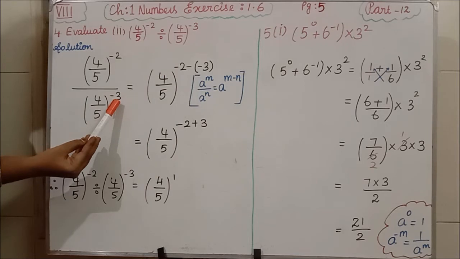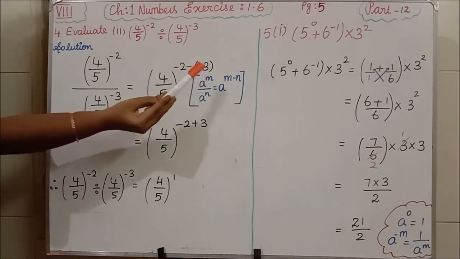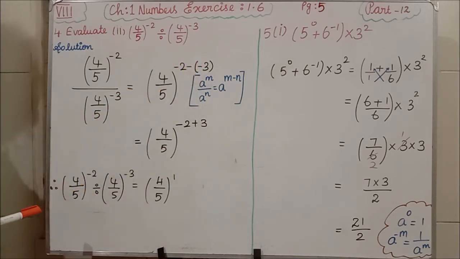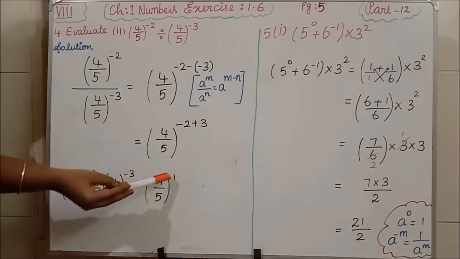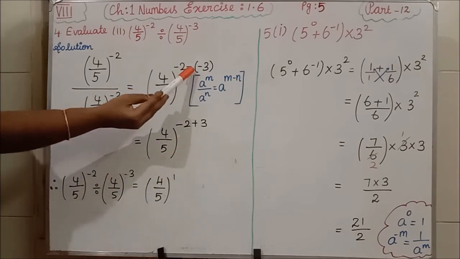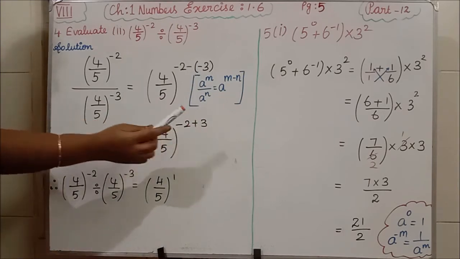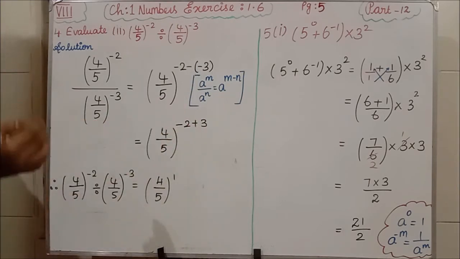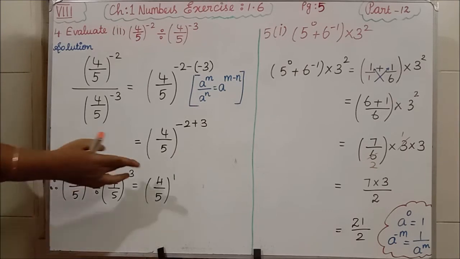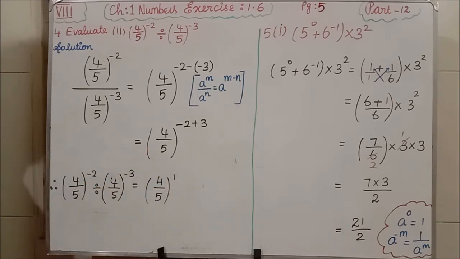What is n? Minus 3. So in bracket I have written minus 3. The next step: 4 by 5 to the power minus 2, minus into minus plus 3. Clear? So 3 minus 2 is what? 1. So that is the answer. Okay, 4 by 5 whole power 1 means what? 4 by 5 is the answer. Clear all of you, the fourth question?